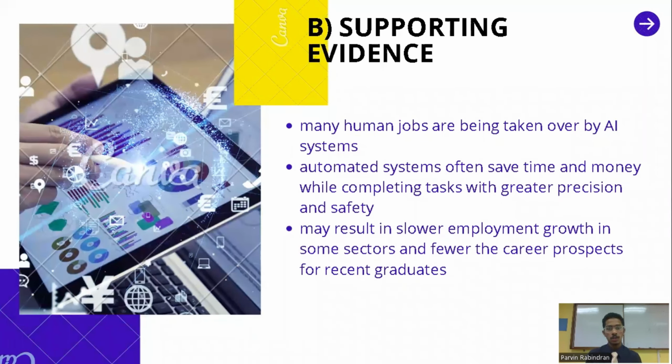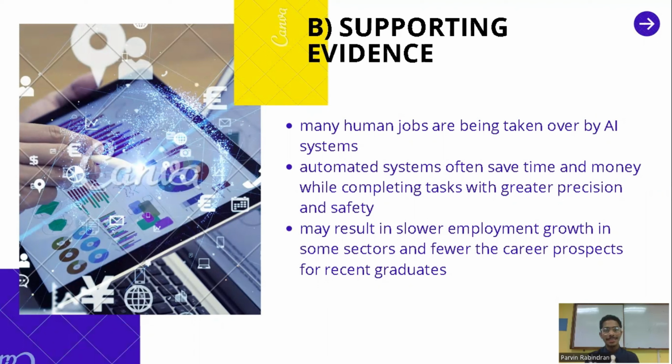The reason for this occurrence is because when compared to human labor, automated systems often save more time and more money while completing tasks in a greater precision and safety. This is incredibly evident in manufacturing and data entry sectors where operations are repetitive and predictable.